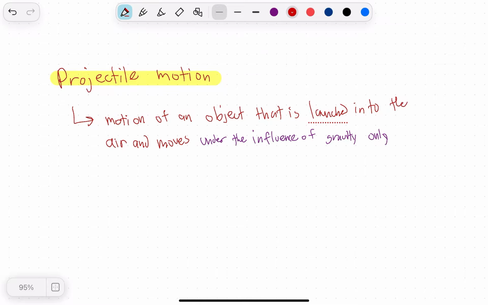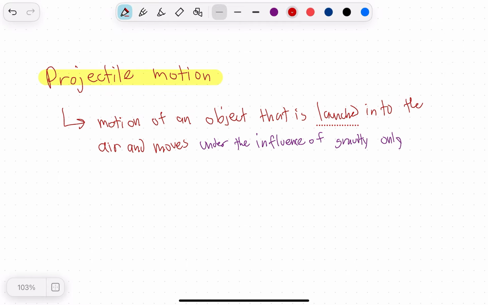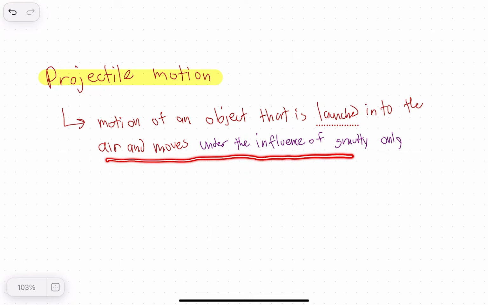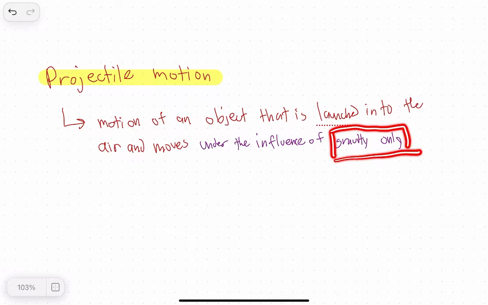When we look at the definition here, projectile motion is an object that is launched into the air, and it moves under the influence of gravity only. I want to highlight gravity because there are no extra forces if we ignore air resistance. There's only gravity pulling the object down.